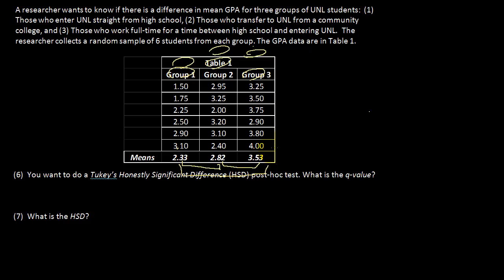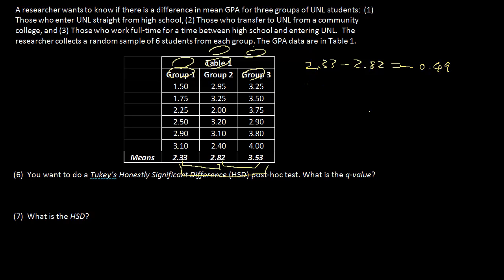Let's do this calculation. Let's compare group 1 and group 2. 2.33 minus 2.82, and what is that? That is minus 0.49, right?